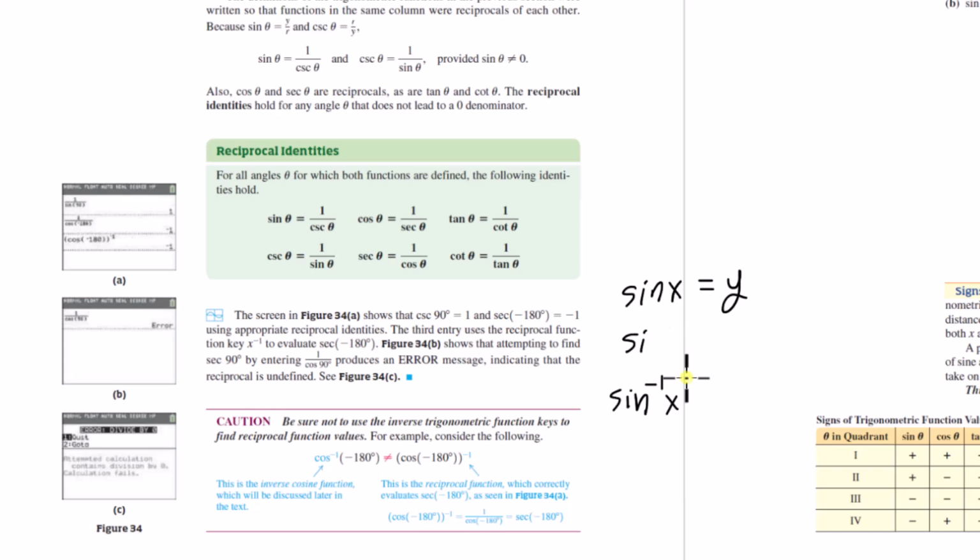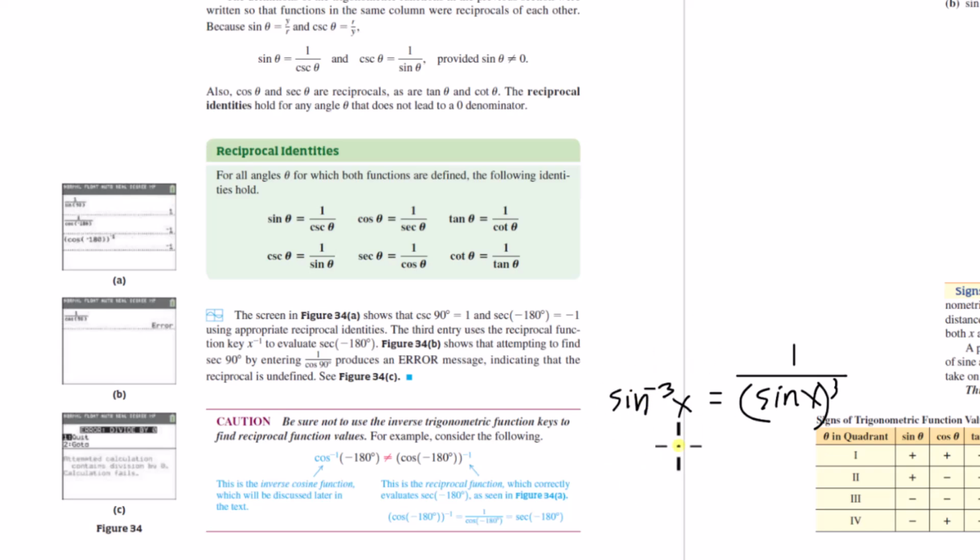Just remember that. But this does mean a power of sine of x. But when it's a -1, that doesn't mean a -1 power of sine of x. And you might say, well, what is this? No, you never see a trig function to a negative power other than the -1 power, which means inverse.